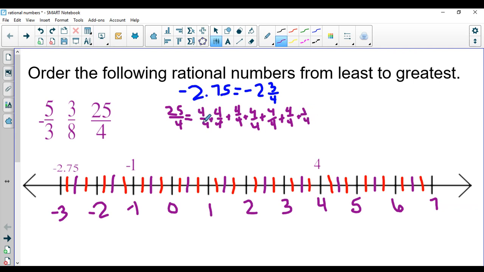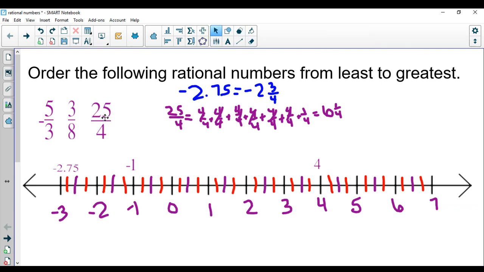So I'm going to count how many 4/4 I have, and that is going to be my whole number. 1, 2, 3, 4, 5, 6, plus 1/4, meaning 25/4 is the same as 6 1/4.